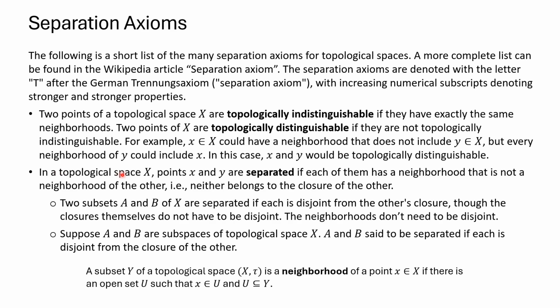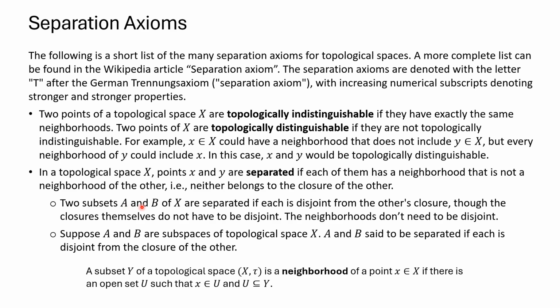The other preliminary definition is this concept of separated. And again, I warned about this not being the same as the way the term separable was used in the previous lesson. So in a topological space X, points x and y are separated if each of them has a neighborhood that is not a neighborhood of the other, i.e. neither belongs to the closure of the other.